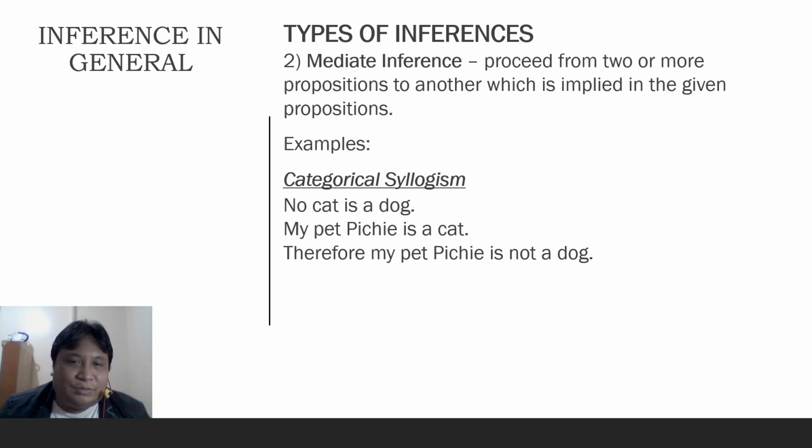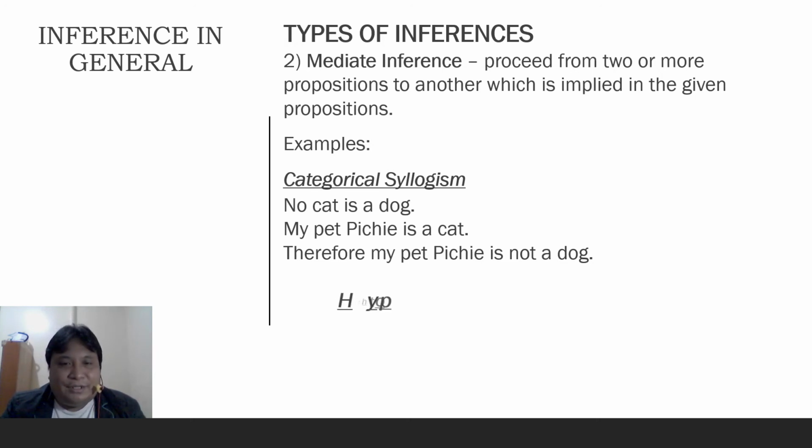Peachy is what we call the middle term. So from here, we imply that the middle term becomes the subject in the conclusion, and it's already verified that since his pet Peachy is a cat, then he inferred that his pet Peachy is not a dog. Okay, so that's a categorical syllogism.